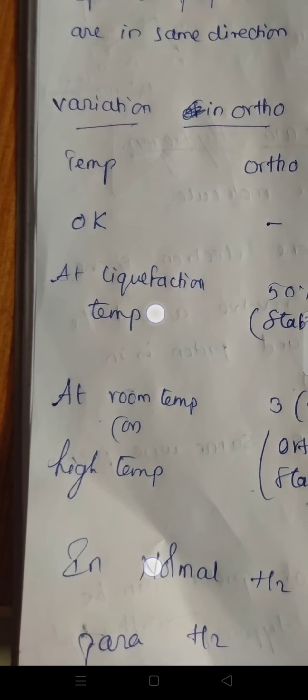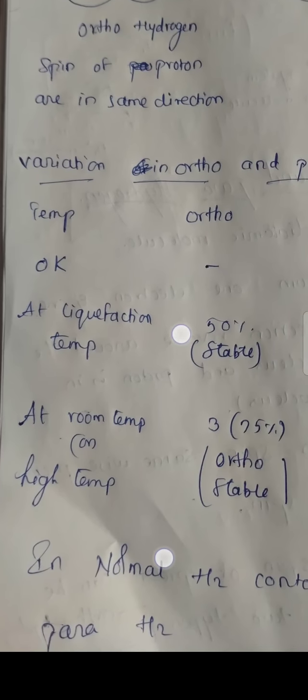Ortho is 50% and para is 50%. At room temperature or high temperatures, ortho is 75% stable and para is 25% stable. I hope you understand.